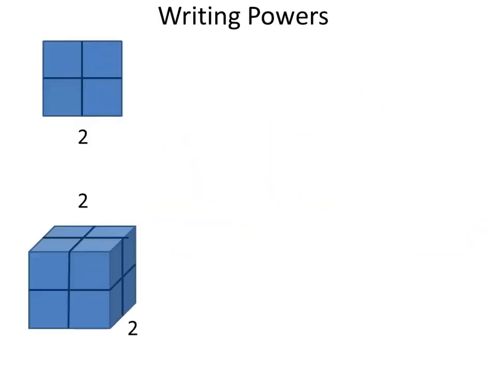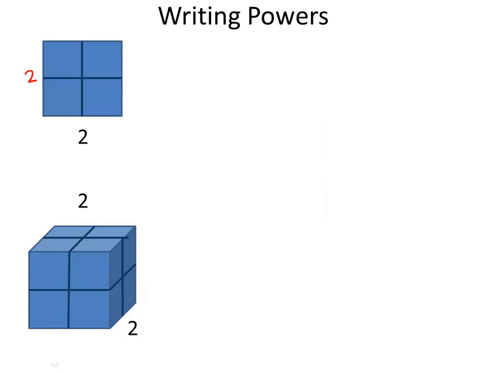Now, powers and exponents can be visually represented, and sometimes we have different ways of talking about them. So here's one right here. We have this box, and it is made up of two boxes going this way and two boxes going this way. So this is what we say a 2 by 2 box.